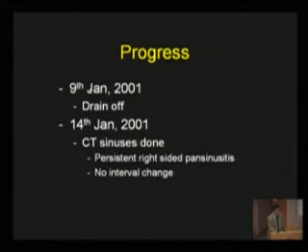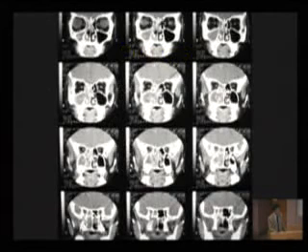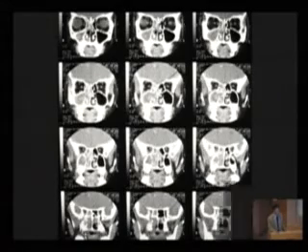By January the 9th, the intramaxillary drain was removed and the CT scan was repeated. There was no clinical or radiological improvement, although the patient's clinical condition remained relatively stable. And this is the repeat CT scan: still pansinusitis on the right side, no improvement.